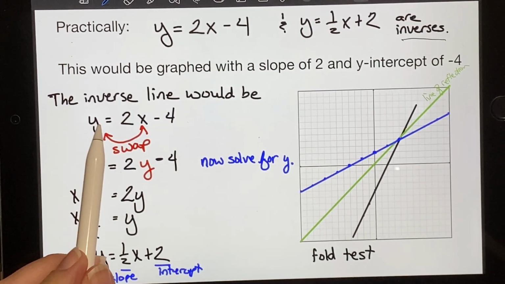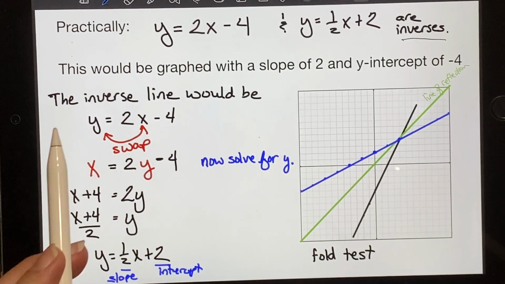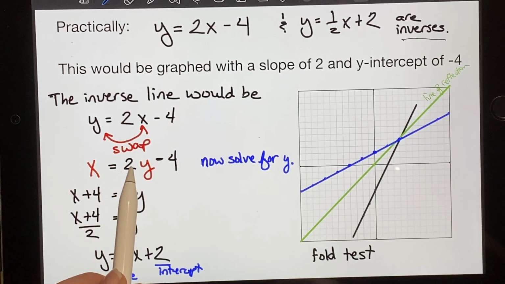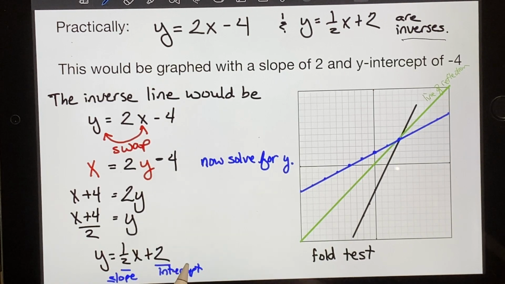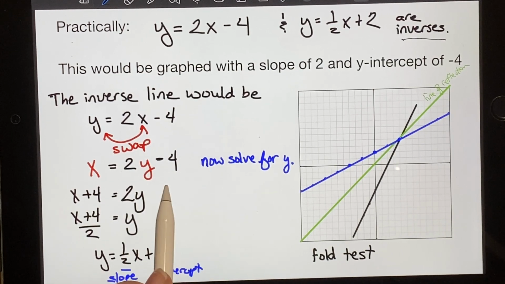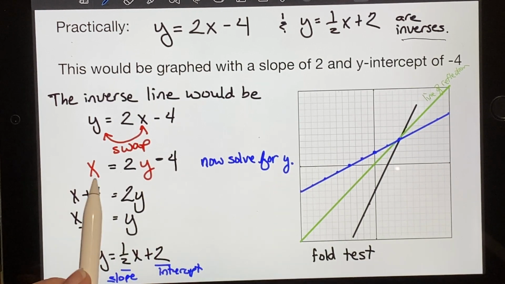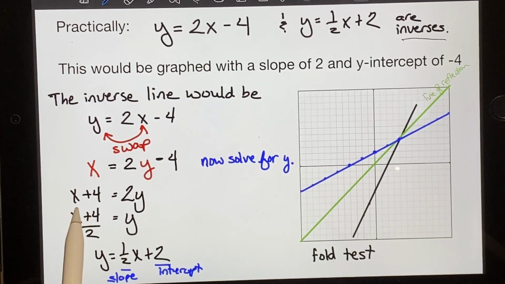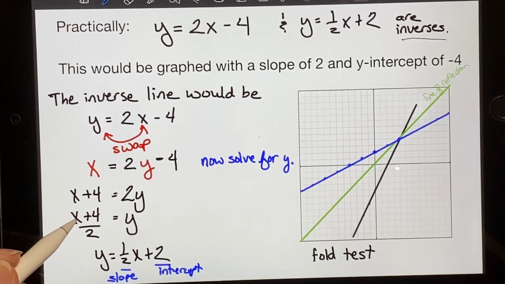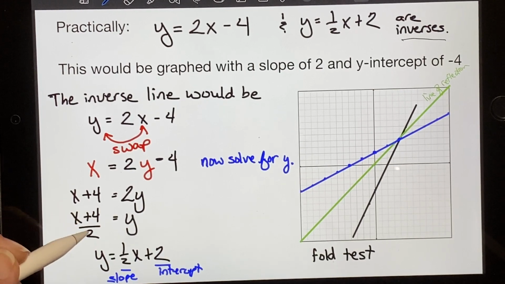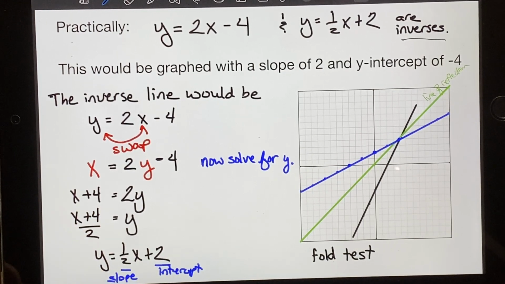So instead of y equals 2x minus 4, I now have x equals 2y minus 4. Again, we can't graph a line by x, so I'm going to solve for y. Move 4 to the other side, divide by 2, and I have y is equal to x over 2, or 1/2 x, plus 4 over 2, which simplifies to 2.